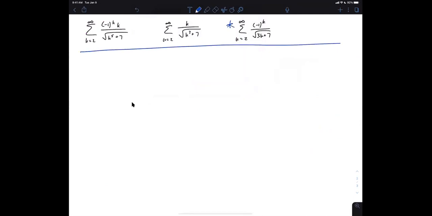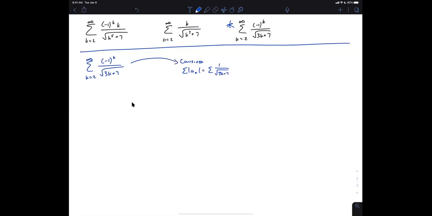So we're going to start with the series, the sum k equals 2 to infinity, (-1)^k over the square root of 3k plus 7. Then we're going to say, okay, consider the sum of the absolute value of a_k, which is the sum 1 over the square root of 3k plus 7.